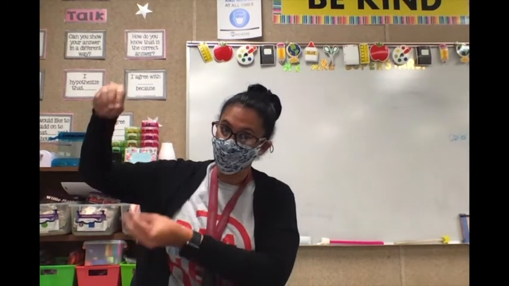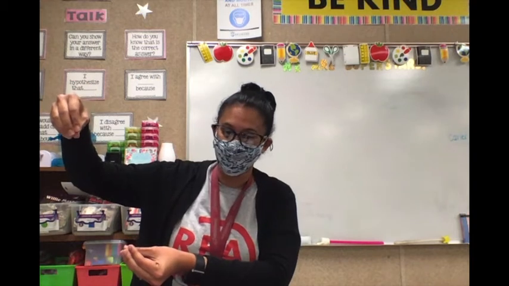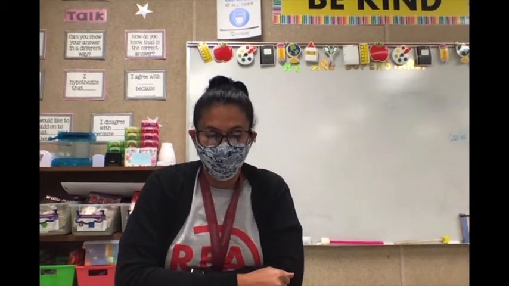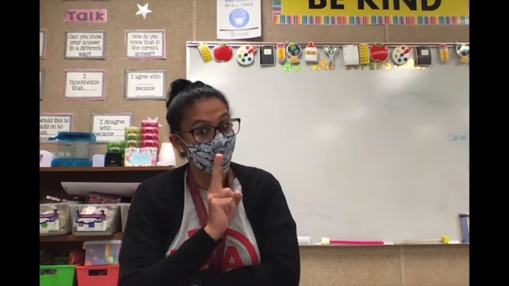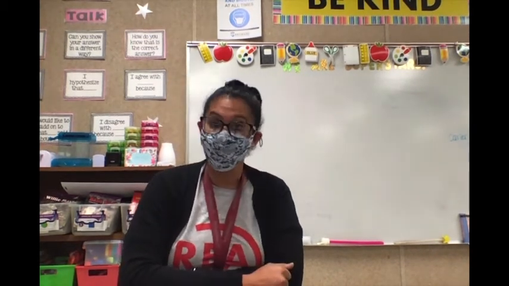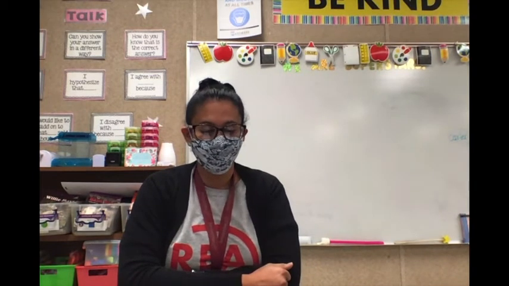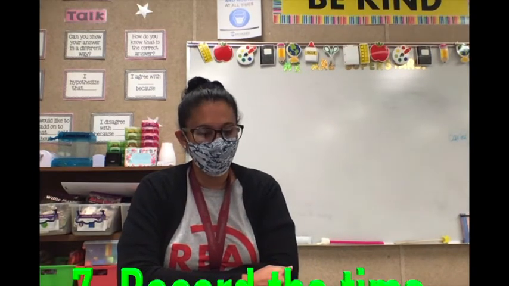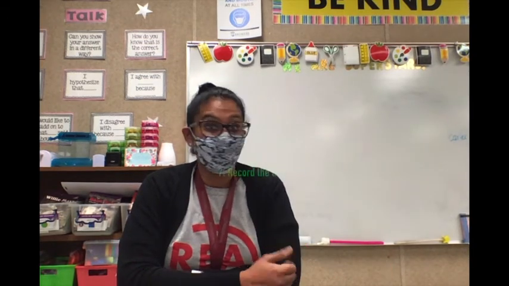So we're going to go to the top, place the toy car on the top, and get ready to go. Number 6, count to 3. 1, 2, 3. Start your timer and let your toy car go. And last, number 7, record how fast your car went down the ramp. Have fun!